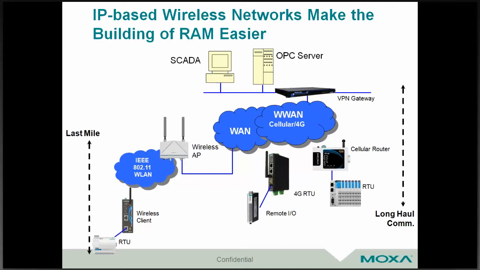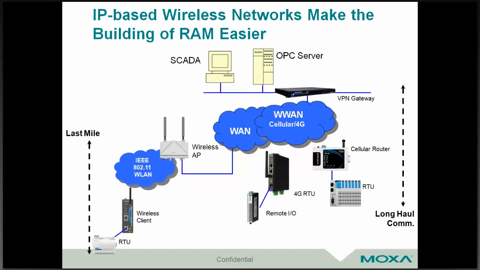In the past, people debated whether we should have the last mile using Wi-Fi and use cellular as long-haul communication. Now we start to see a merge of those two networks. People no longer want to use last-mile Wi-Fi because the cellular network is becoming bigger and bigger, the coverage is higher and higher, and the bandwidth is also almost exceeding the 802.11 network.